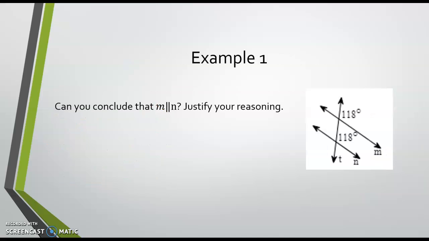So this is what a problem could look like. Can we conclude that line M is parallel to line N? Justify our reasoning. So this angle is 118 degrees and this angle is 118 degrees. So they're in corresponding positions and they are equal.